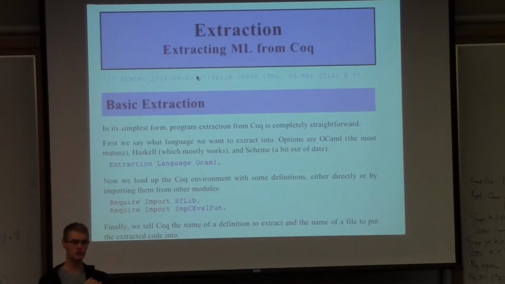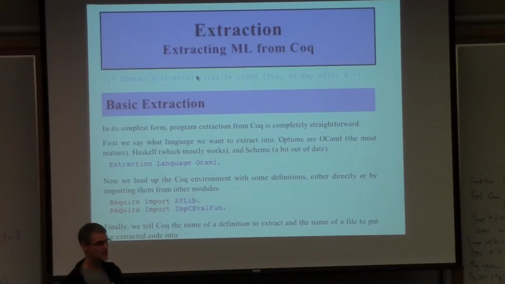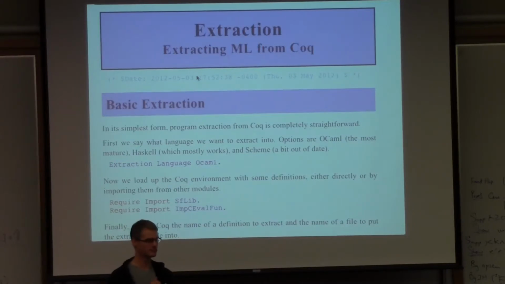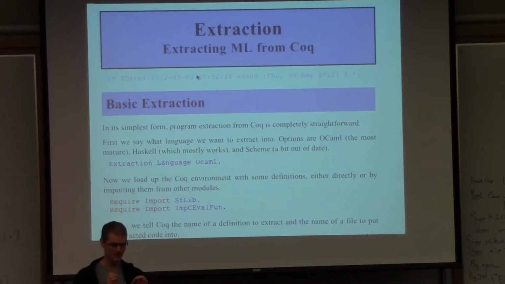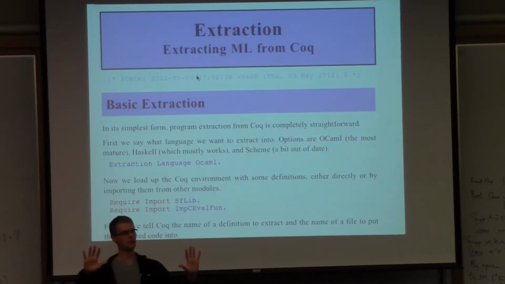So if you trust the extractor, then what you get is a transcription of your program into a mainstream programming language that you can compile with your favorite high-performance compiler, and about which all of the theorems that you've proved are, modulo the differences between Coq and ML, theorems about the extracted program, which has not been touched by human hands.